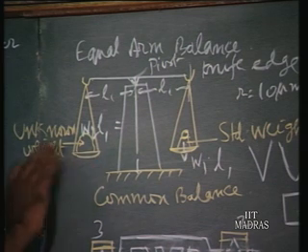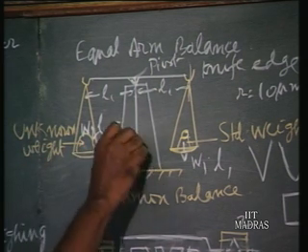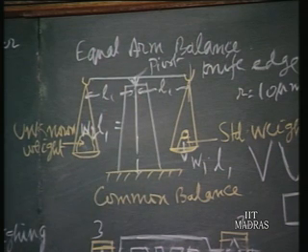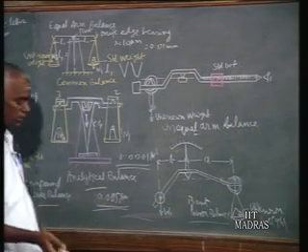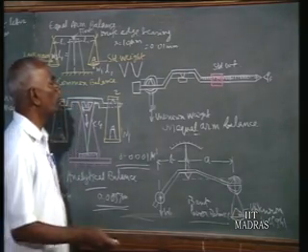Until the two moments become equal, we keep adding weight. When they are equal, we find the pointer stands vertical. So in all measurements we are comparing only moments, because mass cannot be separated from force, and force acts at a distance, so it is a moment.